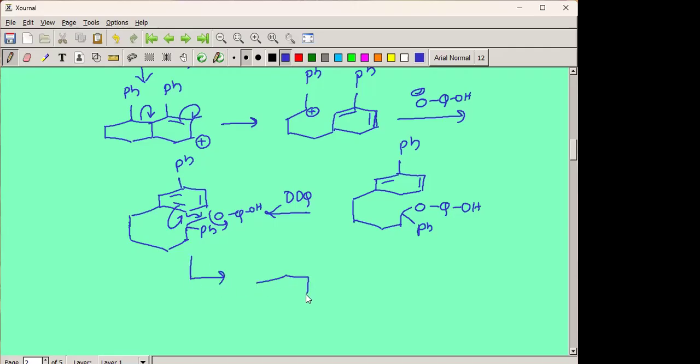So the cyclization will take place like this. There is a pH, and this attacks like this. A slight rearrangement takes place. After that, once again the cyclization will be possible. Here it is a positive charge, here a double bond and a double bond. So once again we go with the DDQ. So 2 moles of DDQ we required here. By that, the complete cyclization will take place.